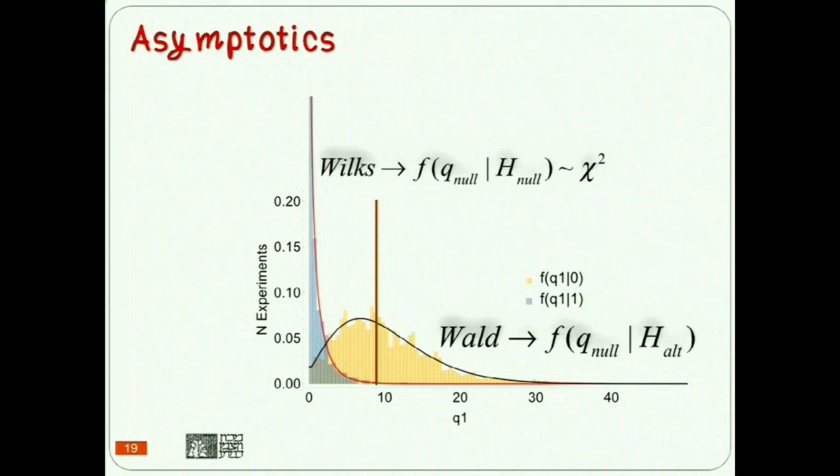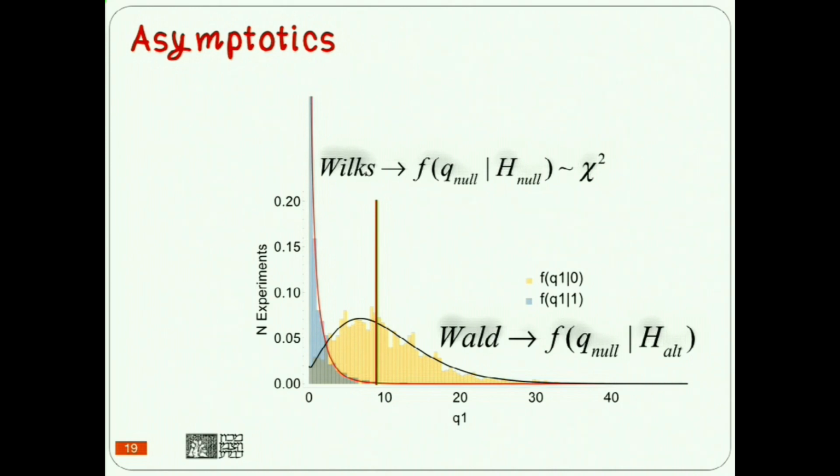So with Wilks, we know the distribution of q null under h null, and with Wald, we can calculate the distribution of q null under h alt. This is the only thing that you want. If you know these two distributions, you don't need to generate even one Monte Carlo experiment.